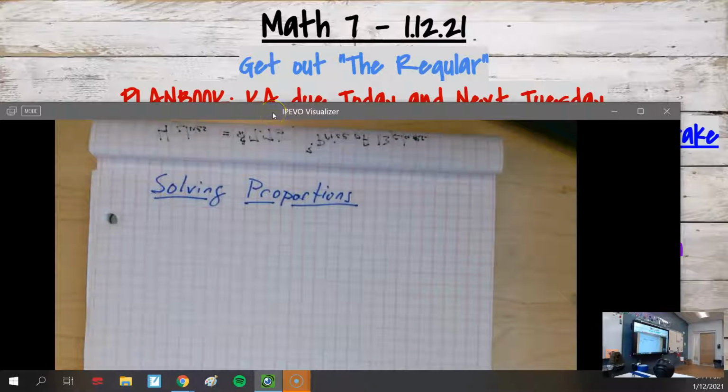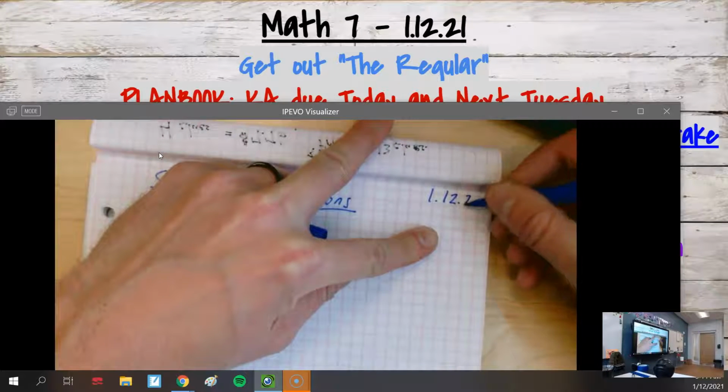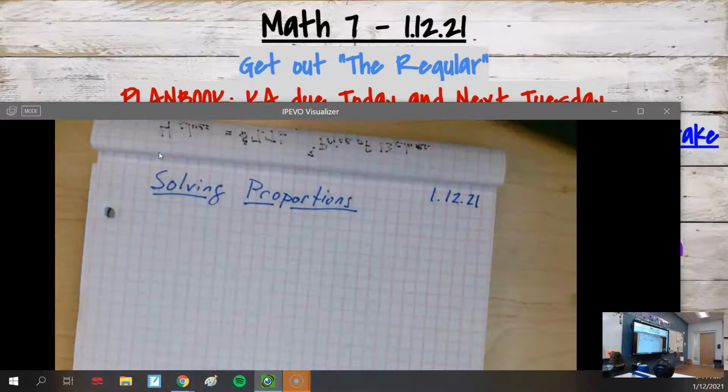So that also might mean, hint, hint, that it might be an open note test, because then you would turn your notes in after the test. So you might want to make sure that you take good notes, especially today. What's today's date? 11/22/21.